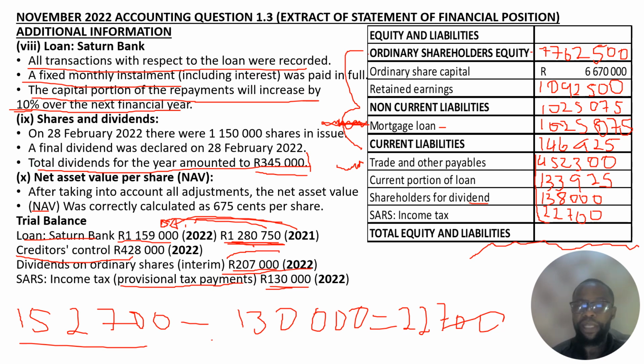And then our total equity and liabilities is 9,534,500.